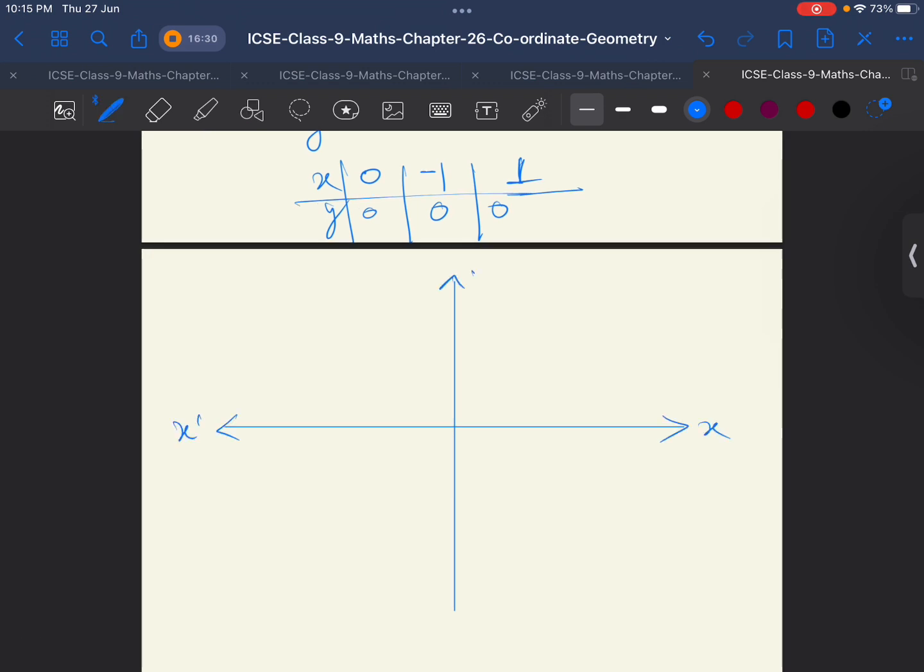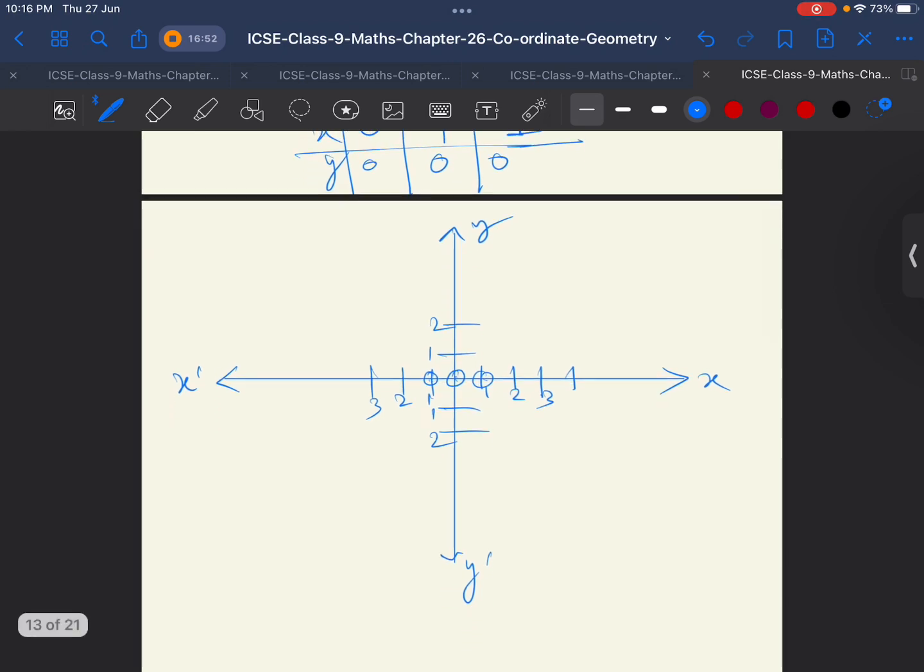This is x and x dash, this is y and y dash. So the 0, 0 point is here, minus 1, 0 is here, and 1, 0 is here. So this is the straight line.